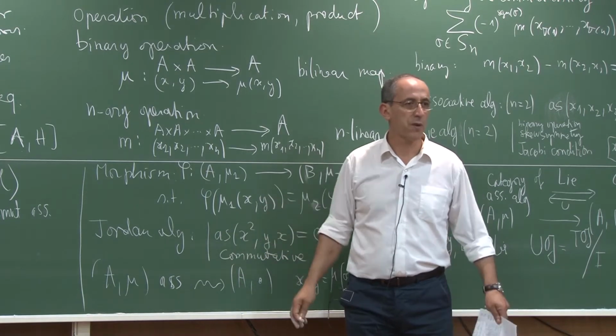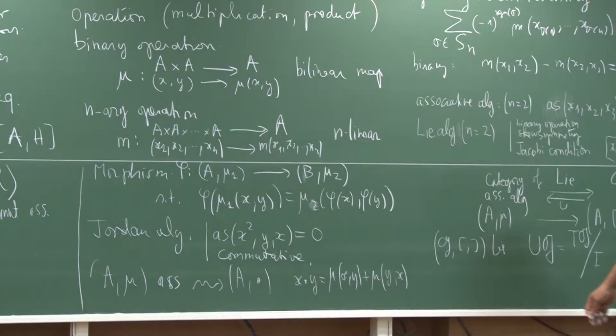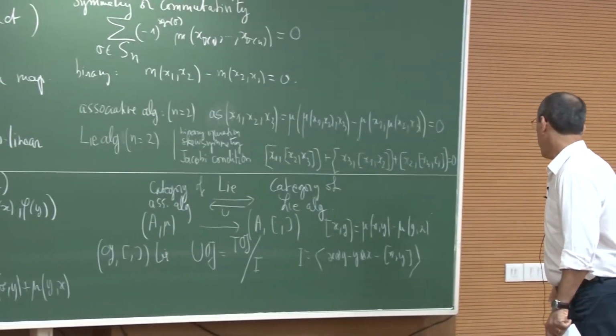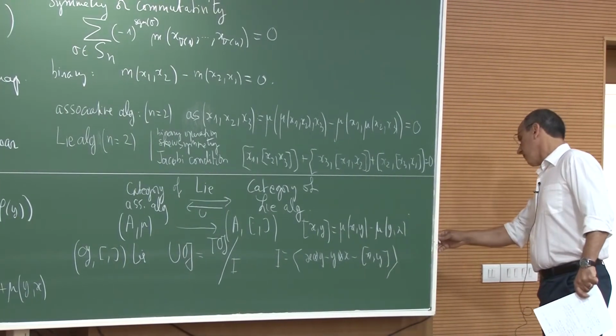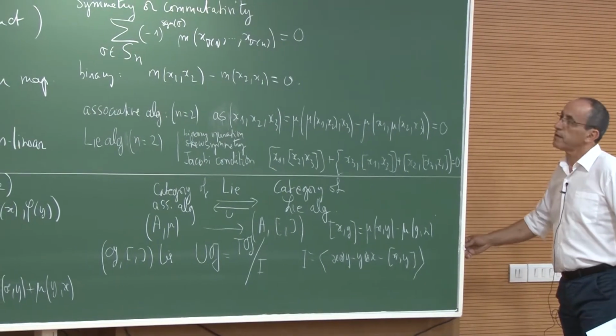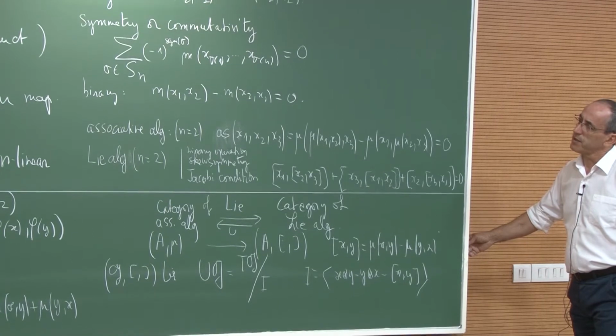There is some exceptional one, and one of them seems to be very important for physicists. And of course, we can get other types of algebraic structure.